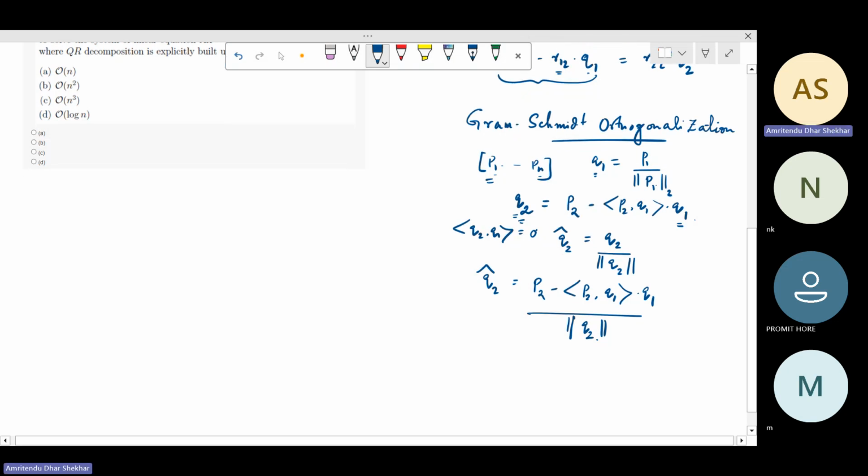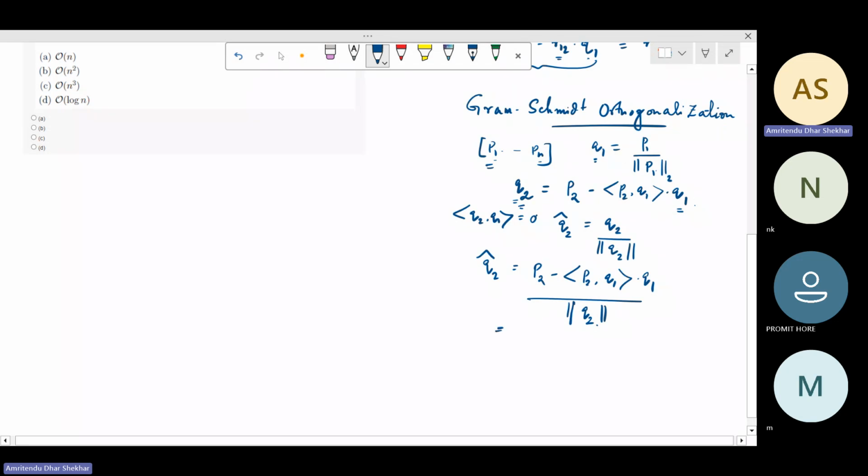Right. But what is this Q1? This Q1 is equal to P1 by the norm of P1.